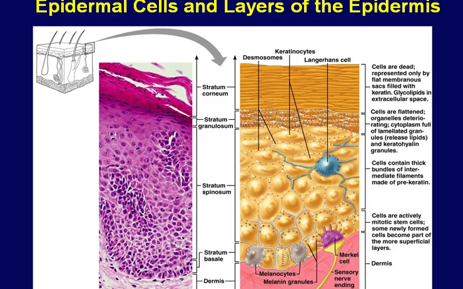The cytomorphology of these cells constantly changes as they move from the basal to the superficial layer of the epidermis. These facts constitute the basis of naming the various layers of the epidermis.